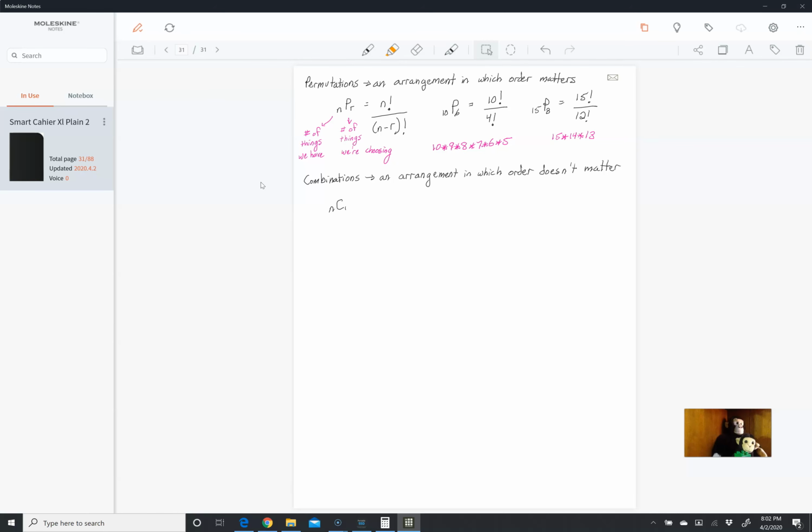We have nCr, where n is the number of things we have, and I'm sorry, we didn't use r, we actually used x. I'm accustomed to using r. I'm going to change these to x though, because that's what I had before. I'm just changing all these to x's.